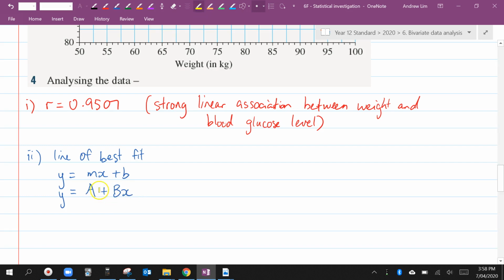Which means that this a matches with this b, and this mx matches with this bx. So all we need to do is ask the calculator what are the values of this a and this b, and then we can form our equation of the line of best fit.